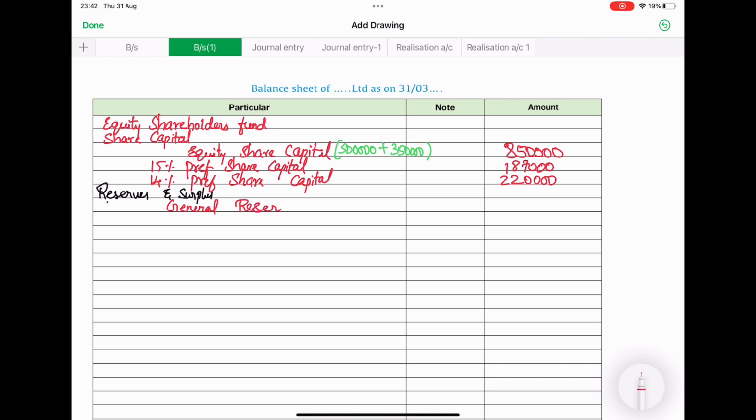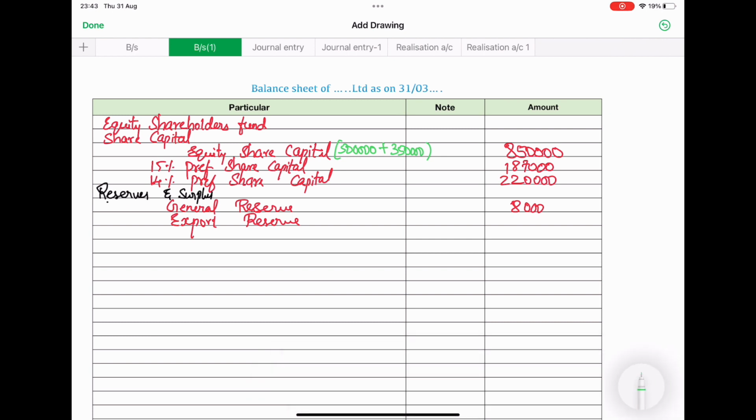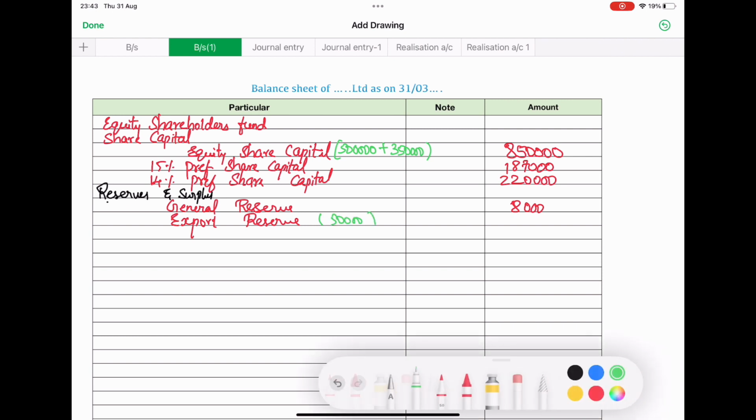We calculated the value as 8,000. Next we are having export reserve. Here we are going to add both companies' reserves. P Limited is not having export reserve, so only the S Limited value we are going to write. So directly we can write 50,000.